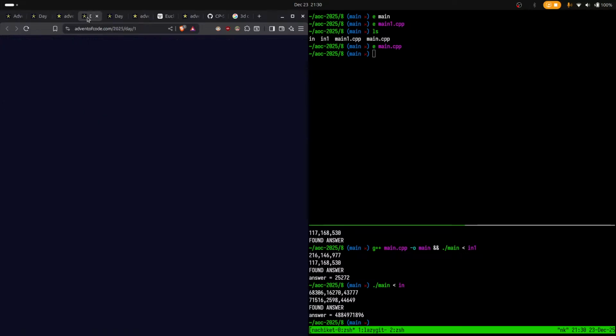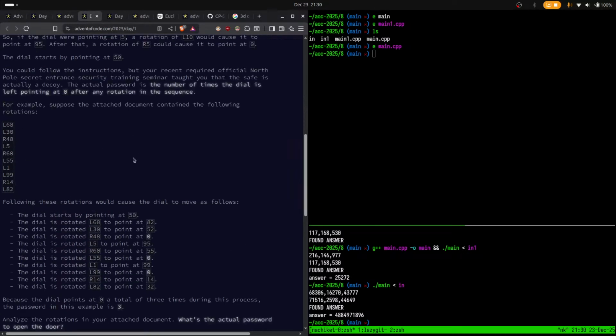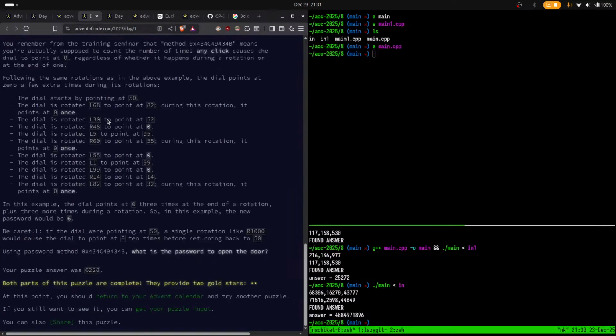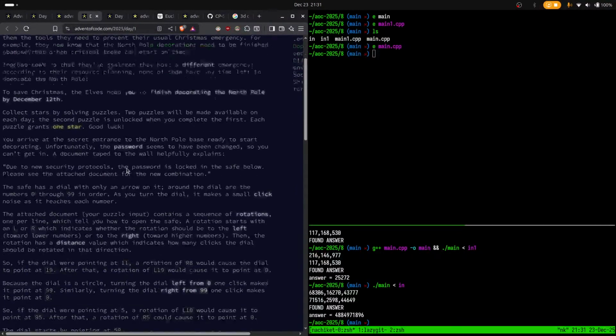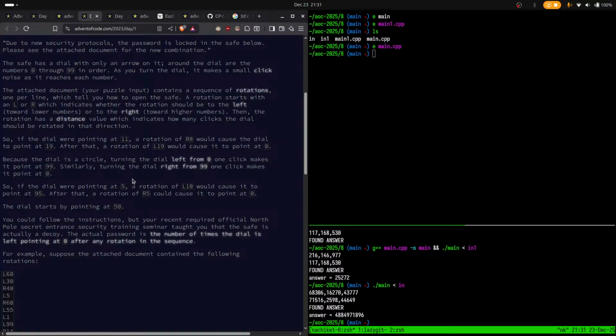If you see the earlier ones, they are much simpler. So this was like you are given input L and R, which is an integer to the right of it, which denotes how many times you need to shift left or right from a particular starting point of 50. And what was asked in this question? The question was how many times you go over the number 0, and your dial is only consisting of numbers from 0 to 99.